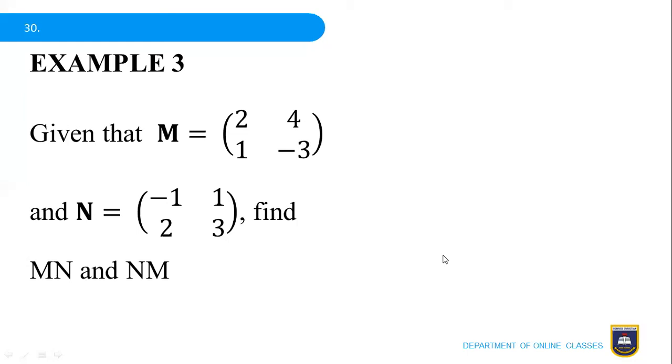Okay, Theophilus, can you give us your answer? Yes, sir. I had [6, 14; -7, -8]. Okay, that's your answer. Ewoy, the same.